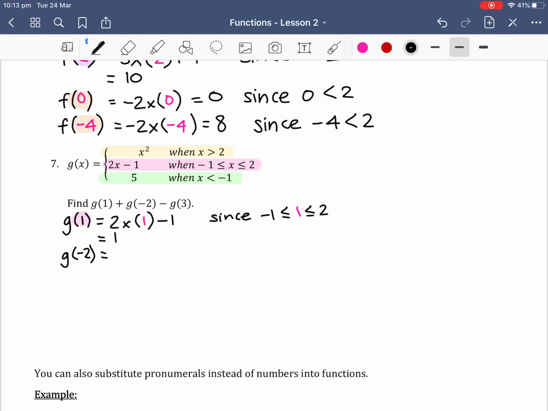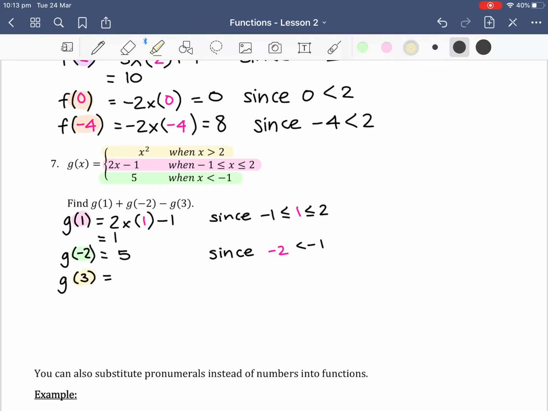Then we have g of minus 2 as our next thing in our equation. So minus 2 is less than minus 1. So because minus 2 is less than minus 1, we're using our green one. So we have it equal to 5. And then our final one is g of 3.